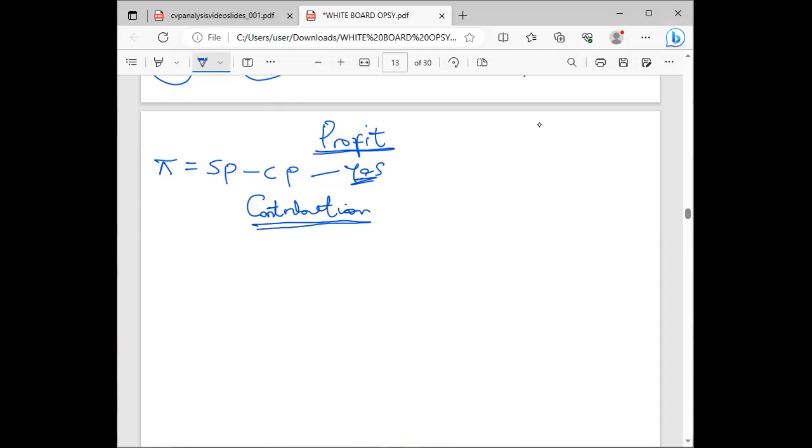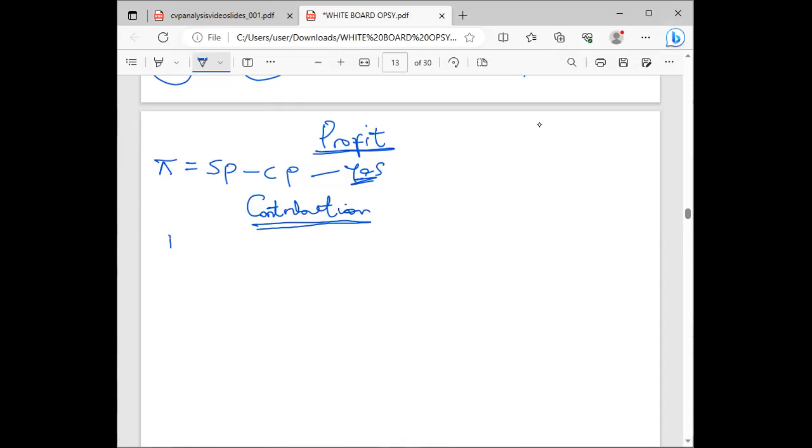In fact, even up to the day of the exam, most people usually forget the formula. So when we talk about contribution, contribution is the value that a product contributes to profit. The numerical value that a product adds or gives to profit.